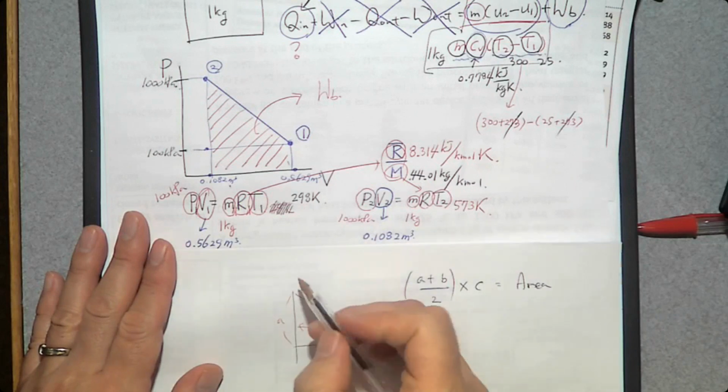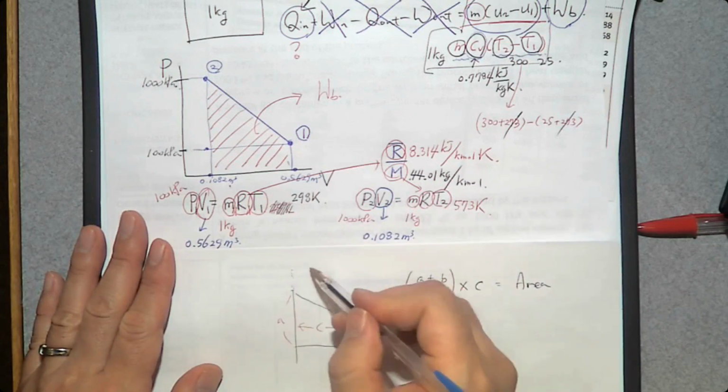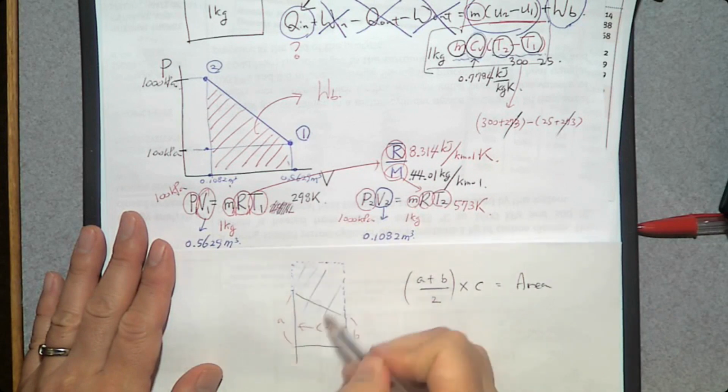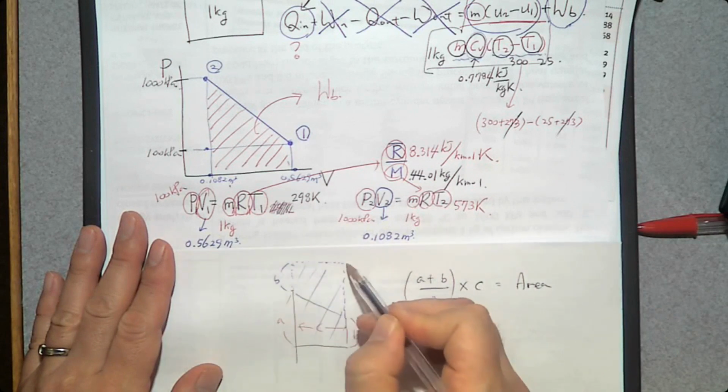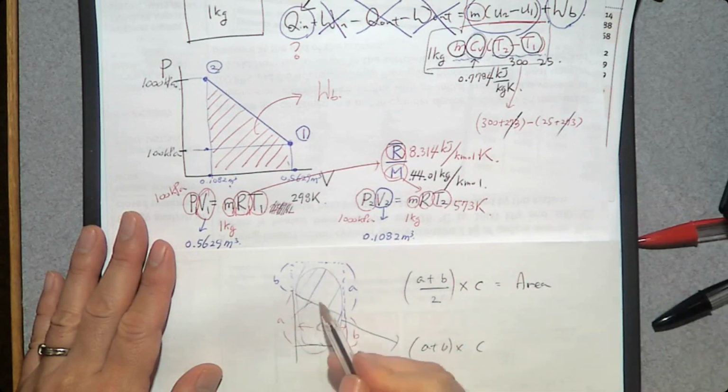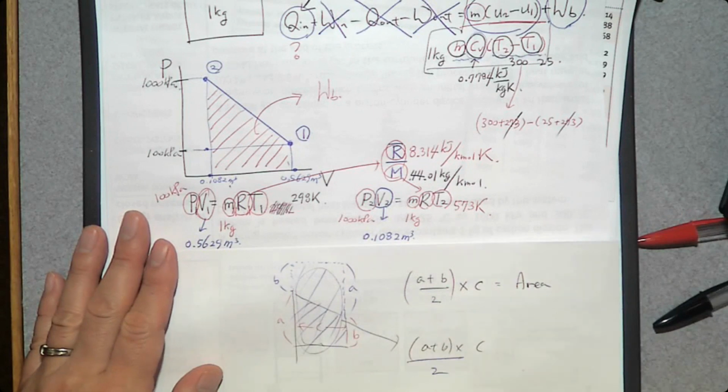So technically, we are calculating the entire area. So assuming that this one is B, this one is A. So how do we calculate the area? It's going to be A plus B times C. But it is only half of them, so we divide by 2. Okay.